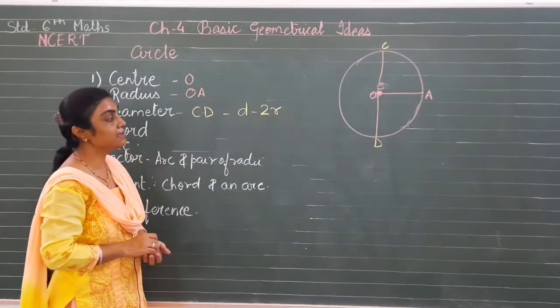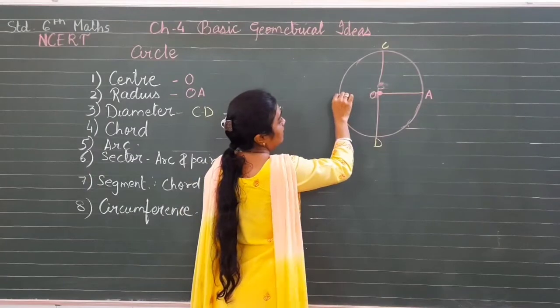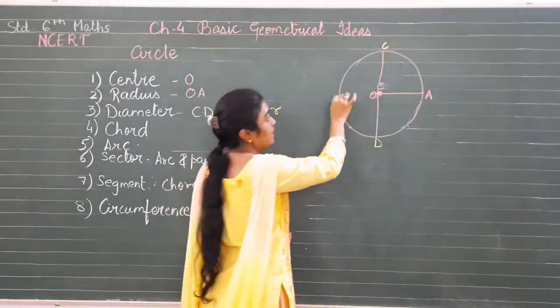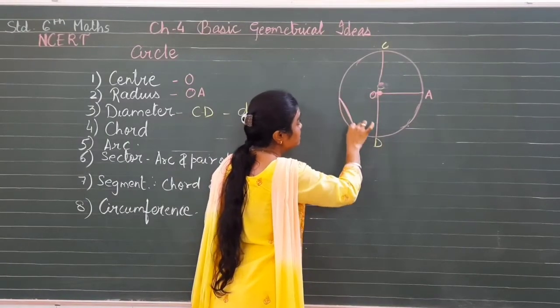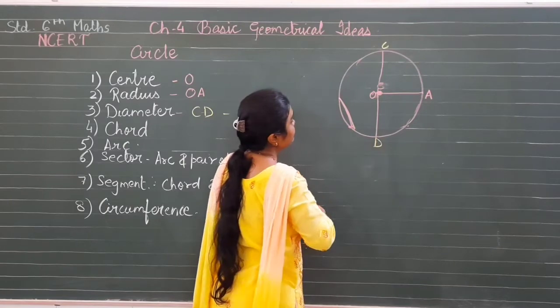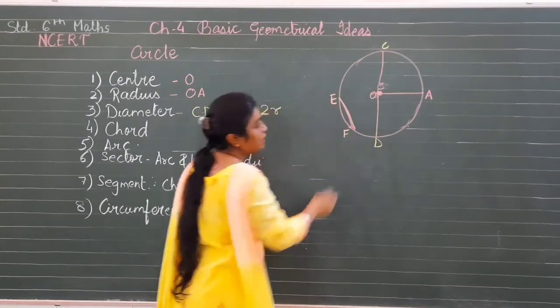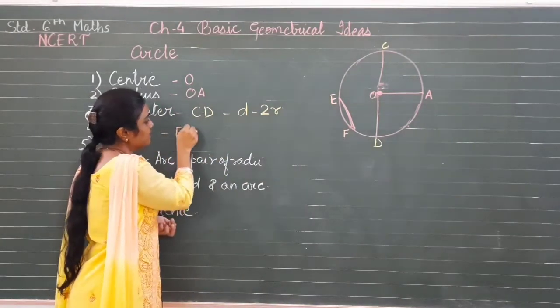Now let us see the chord. I am drawing 2 points on the circle and connecting them. Suppose I am writing E and F. So EF is the chord of the circle.